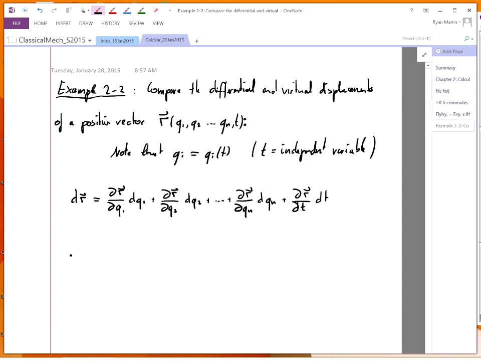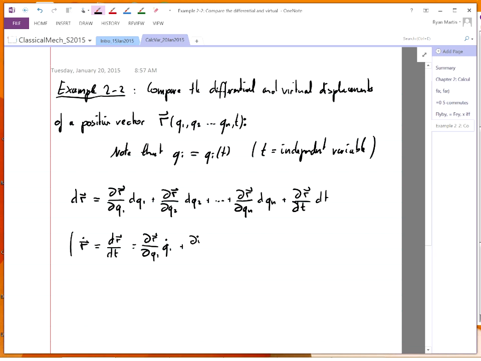So that's why now, if you did, for example, not part of the problem here, but if you want to know r dot, so the velocity vector for r, so that's dr vector by dt, so it's everything you have here divided by dt. So that would be ∂r vector by ∂q1, and I have dq1 divided by dt, which we call q1 dot. Remember, dot signifies derivative with respect to time.